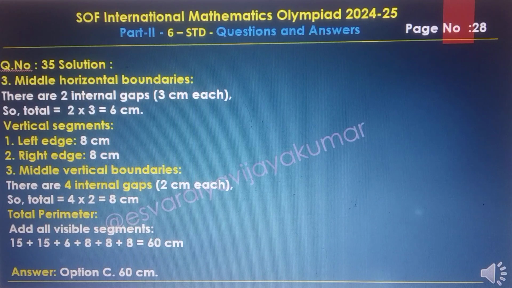Middle vertical boundaries are internal, 2 cm each, total 4 into 2, 8 cm. The total perimeter adds all visible segments: 15 plus 15 plus 6 plus 8 plus 8 plus 8, we are getting 60 cm. The final answer is option C.